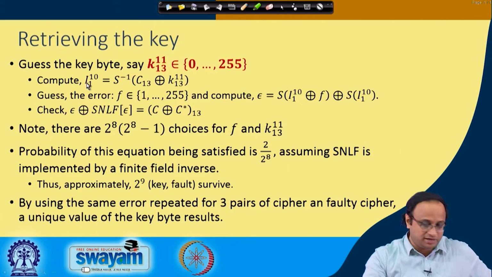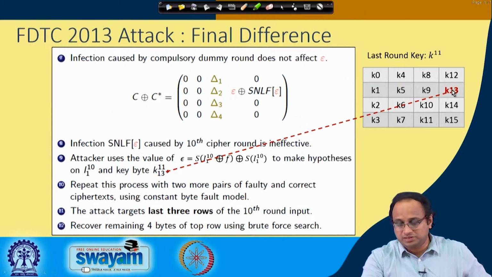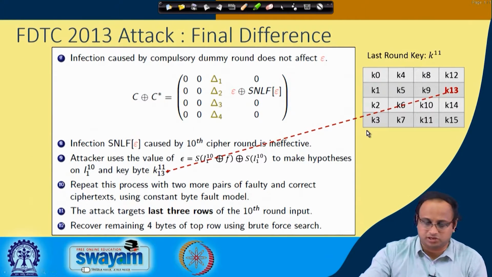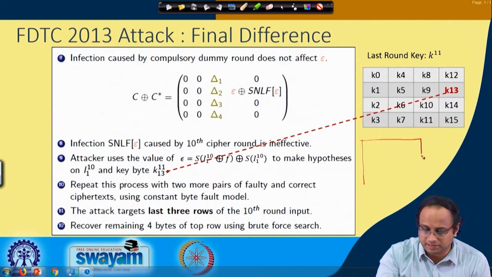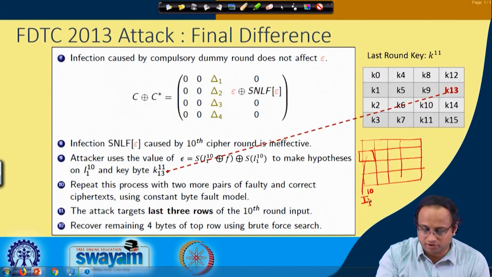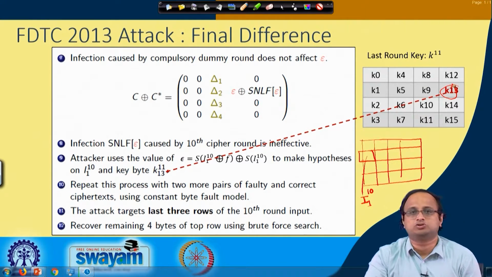One of the reasons why there is a relationship between this key byte and the I110 position is quite straightforward. If you consider the state matrix, then I am talking about this position, which is referred to as I1, and 10 stands for the round. One of the reasons we use this along with this key byte is the shift rows operation.